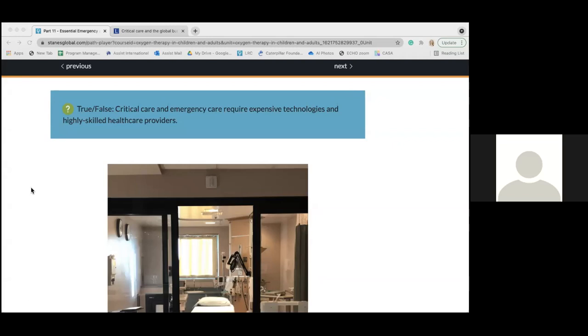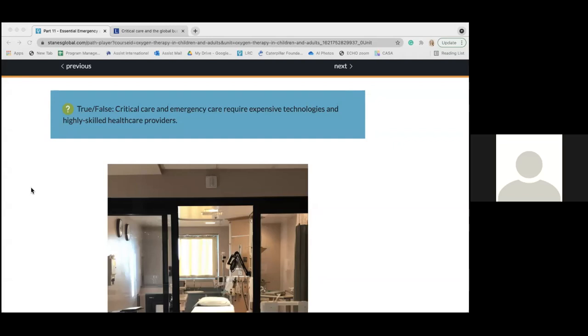So with the little resources that we have in our facilities, with correct use and application of those minimal resources, we should be able to provide optimum care for these patients who require critical care.